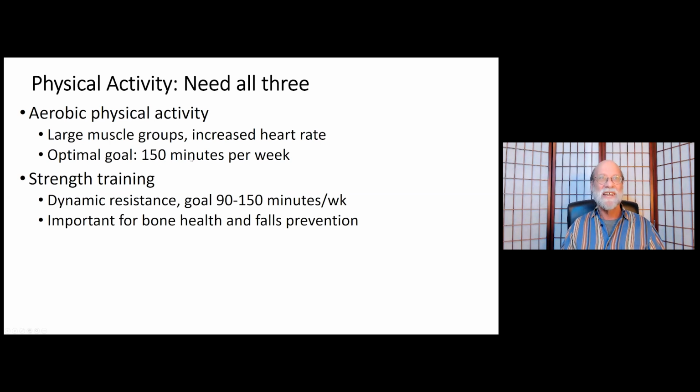And then strength training is another important part of physical activity. And it's particularly important as we get older. And this is an important way of trying to keep our bones healthy and preventing falls. But also, as we get older, there's a tendency to lose muscle mass. Strength training, using weights, can really help us reduce the amount of muscle mass we lose as we age.